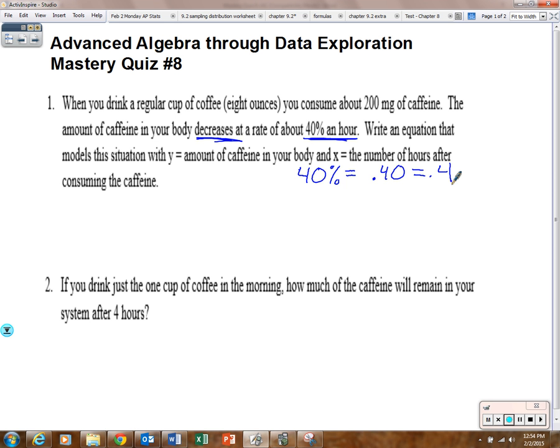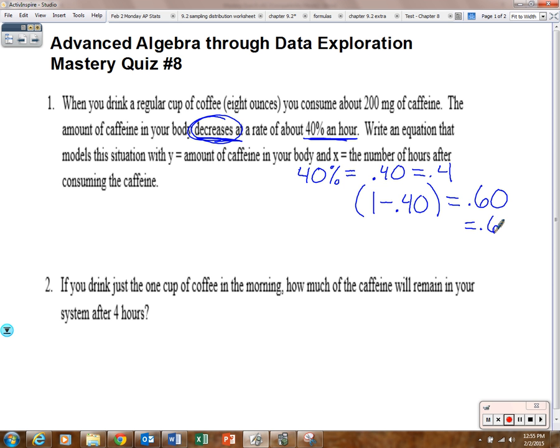Now, it's decreasing, so remember, we need to subtract that from 1. 1 minus 0.4 would equal 0.60, or just plain 0.6. So the 40% represents the amount of caffeine leaving the body. The 60% represents the amount of caffeine that remains in the body.